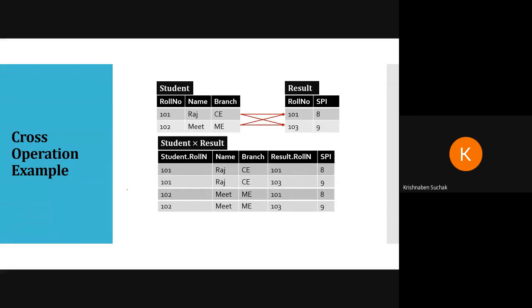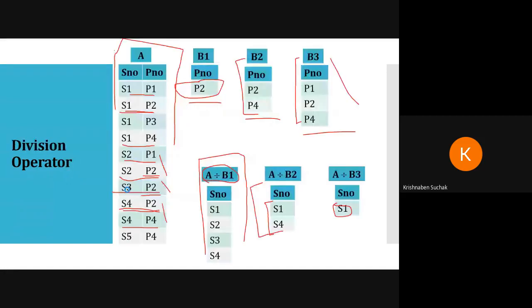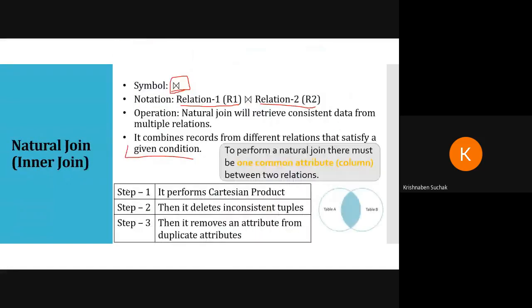So in total we are getting 4 answers. So here you can see in natural join, we will get multiple answers. Then in step 2, it deletes inconsistent tuples. Tuples which are inconsistent will be deleted. And then it removes an attribute from the duplicate attributes. Only one attribute will be listed there. The duplicate attribute will be removed, or you can say deleted.